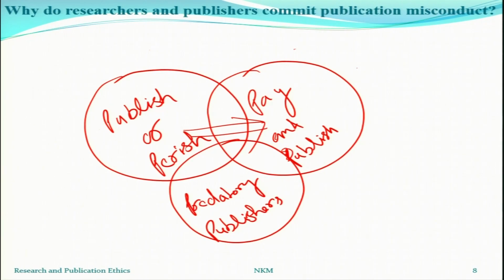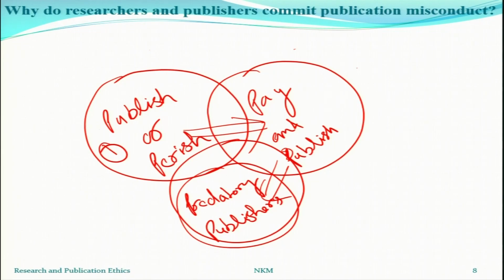So we have to understand 3 important factors that started this misconduct in research practices. First is publish or perish, that supported the pay and publish culture, and it also supported predatory journals. Researchers who were ignorant, innocent, got caught by these predatory publishers, and then it started all the misconduct in research practices.